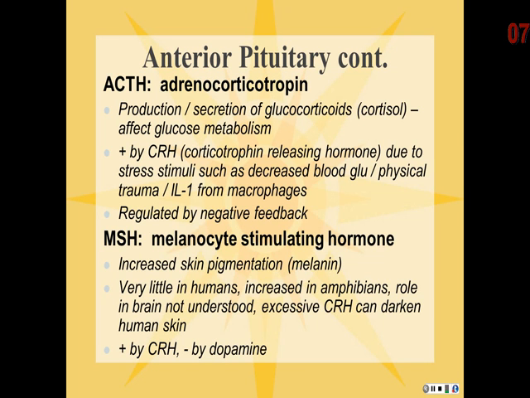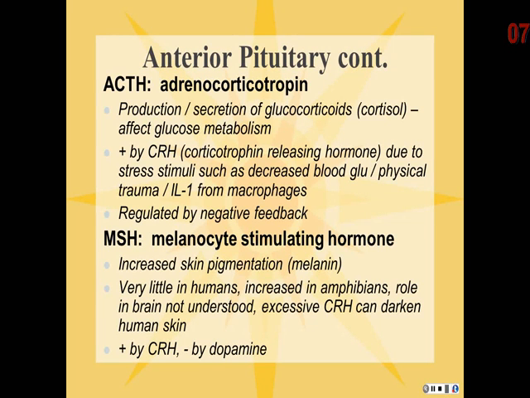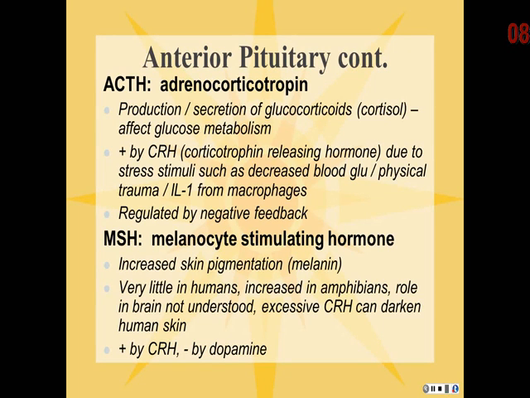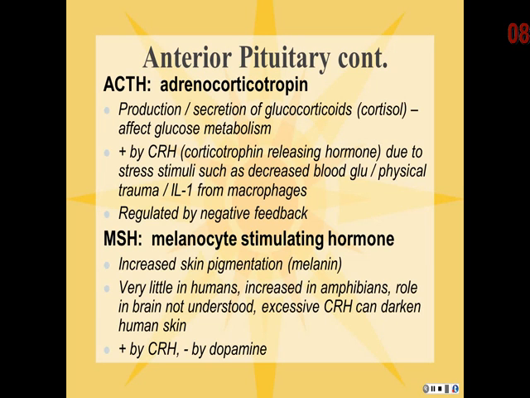MSH, or melanocyte-stimulating hormone, stimulates the melanocytes to produce melanin. This is triggered by high levels of CRH, which occurs with stress, and is inhibited by dopamine, which is associated with a feeling of pleasure. MSH levels are high in amphibians, but their role in humans is not completely understood.